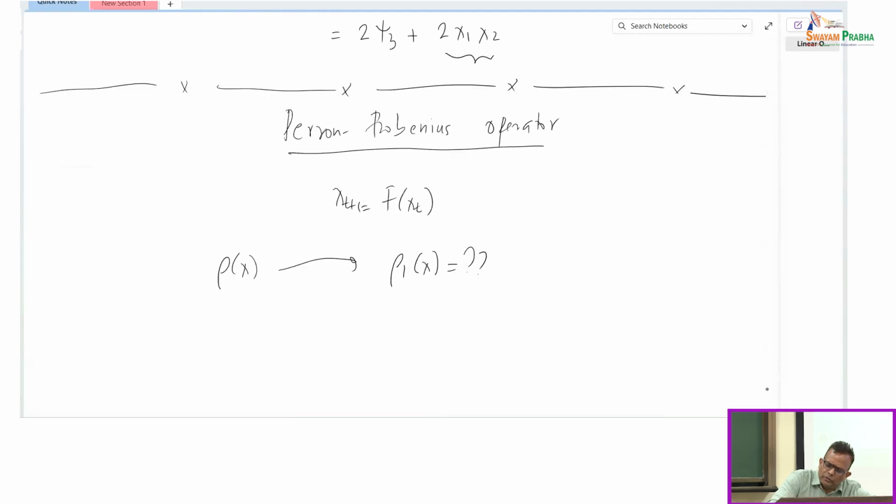So what does this Perron-Frobenius operator look like? It can be defined more generally, but I'm going to define it in a little more constructive, more restrictive way.